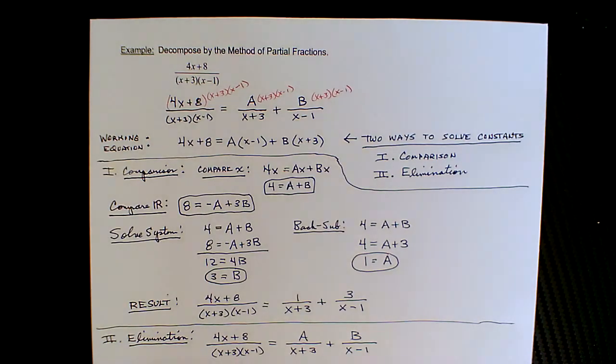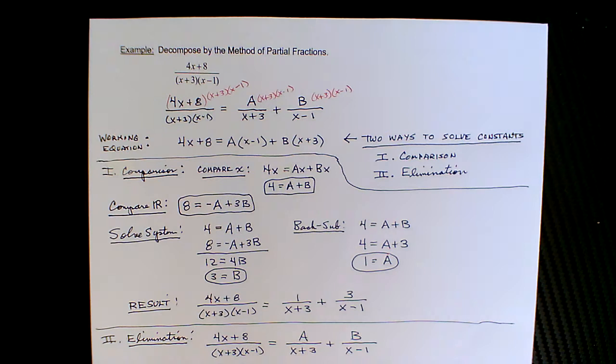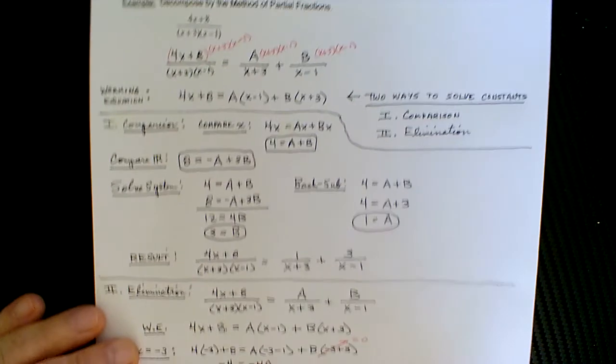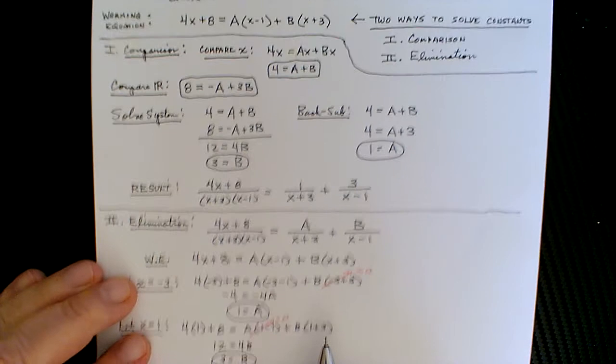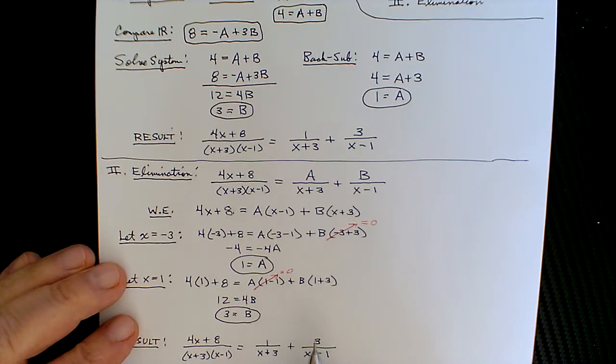And so then we saw an example where we decomposed by the method of partial fractions, and there were two ways to solve for the constants, comparison or elimination, and it seemed elimination was a lot easier.